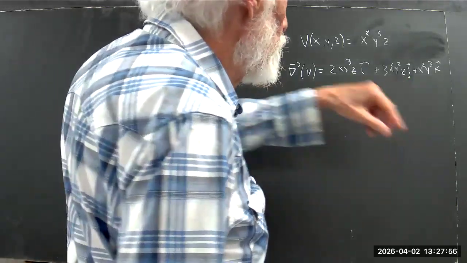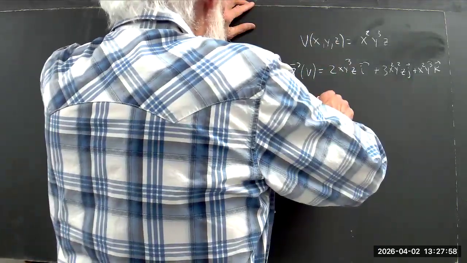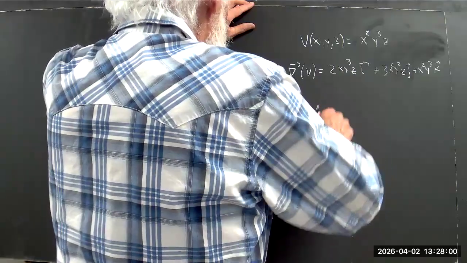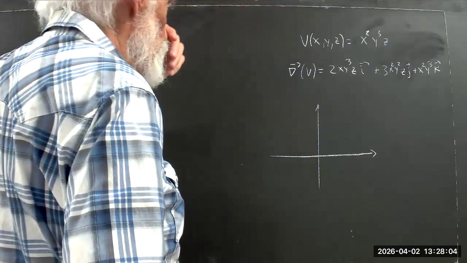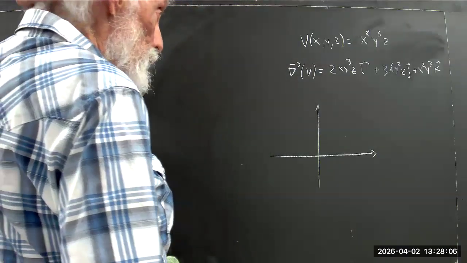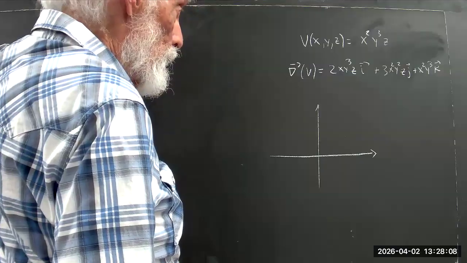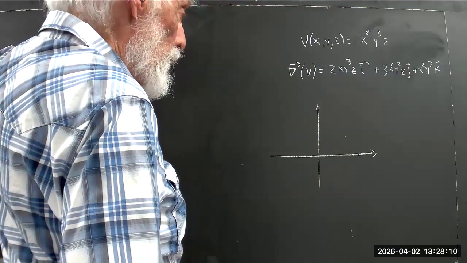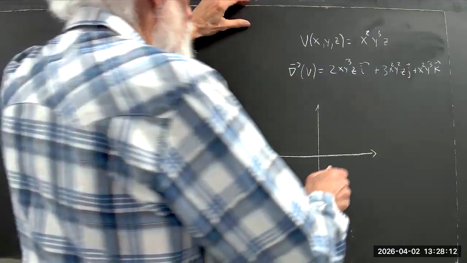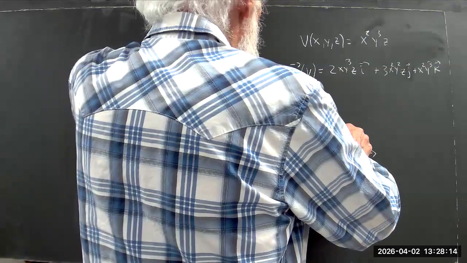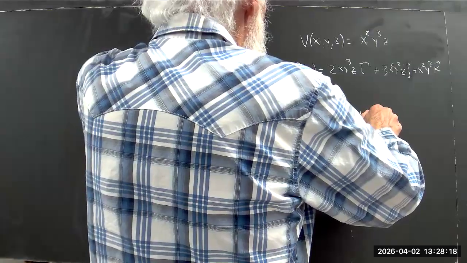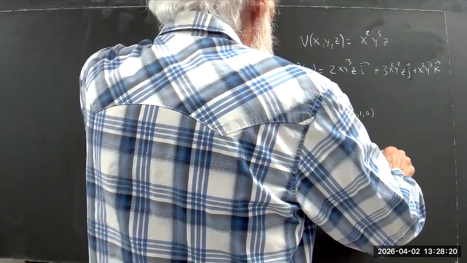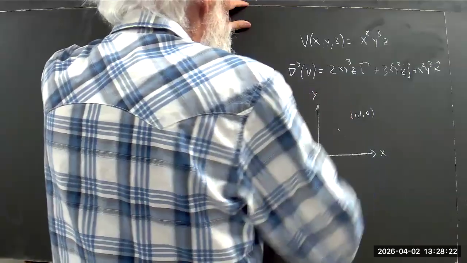Okay, well, that's a vector field. So I could plot that vector field at a number of different points. Let's say at the point 1, 1, 0, and I'm just going to do this in the XY plane.